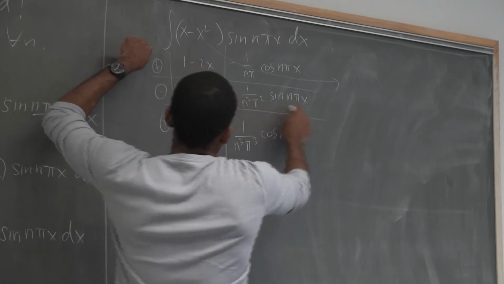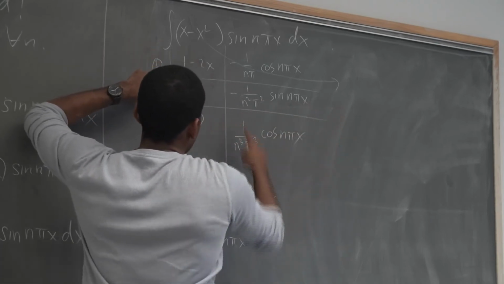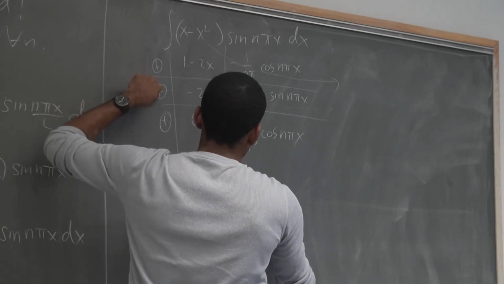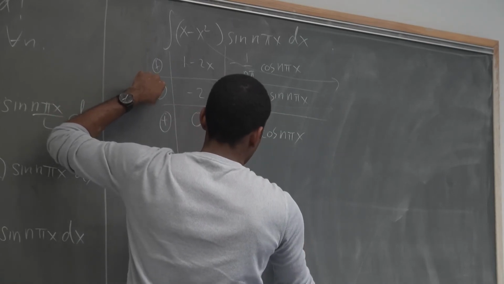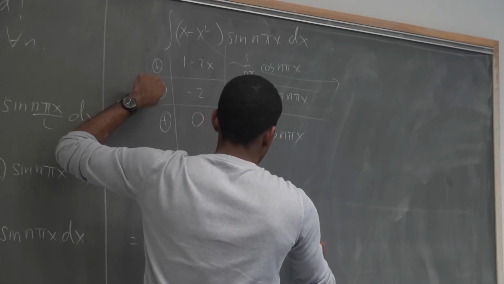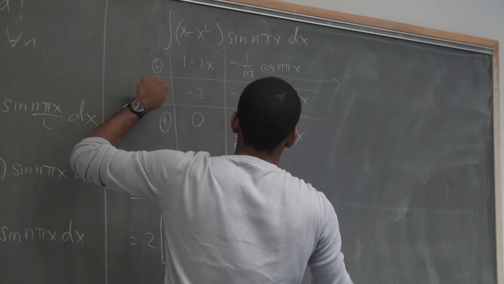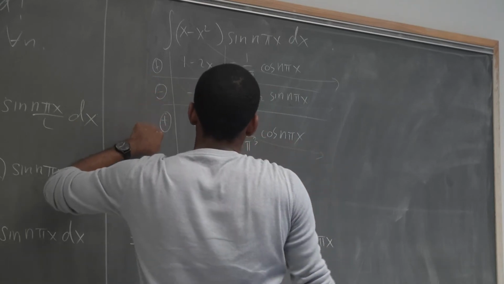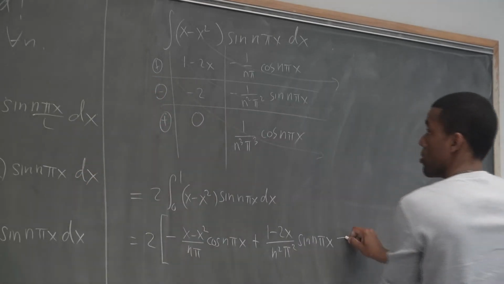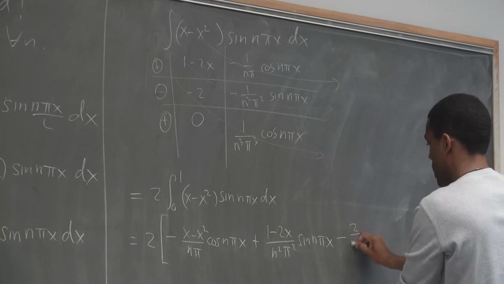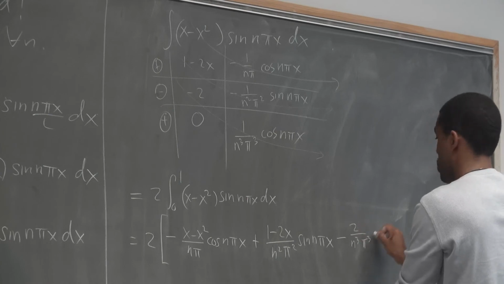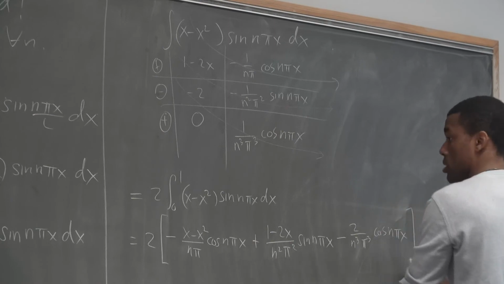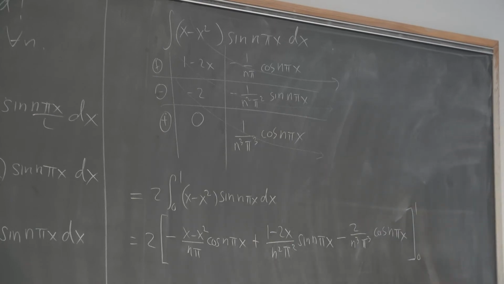The next is this with a negative, so positive 1 minus 2x over n squared pi squared sine n pi x. The next is this one times a positive sign, so negative 2 over n cubed pi cubed cosine n pi x. This is between 0 and 1.